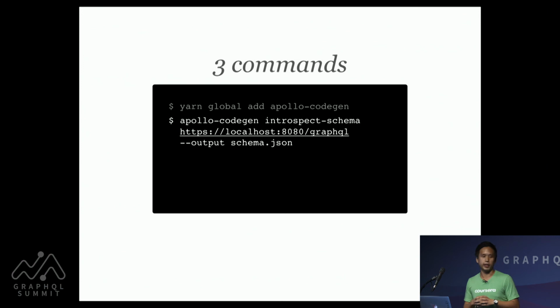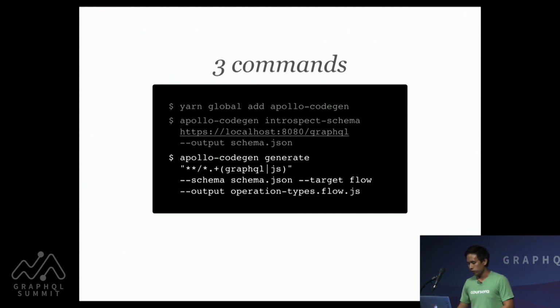Apollo-Codegen provides a command to do this for you. And then there's just a generate command where you provide a glob pattern that points to where your GraphQL operations and fragments are. You point Apollo-Codegen to where your schema is, and then you specify the target, right? So here I've specified Flow. If you use TypeScript, then you can just specify TypeScript.